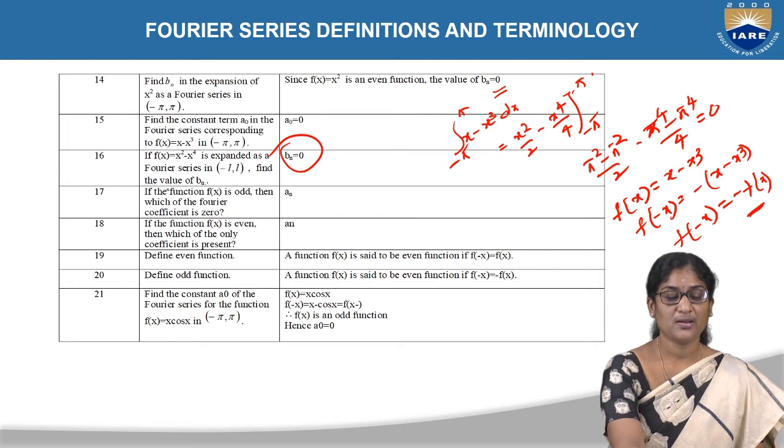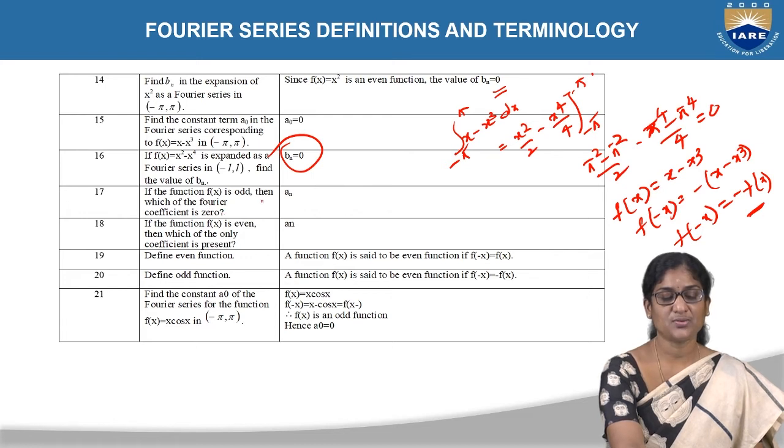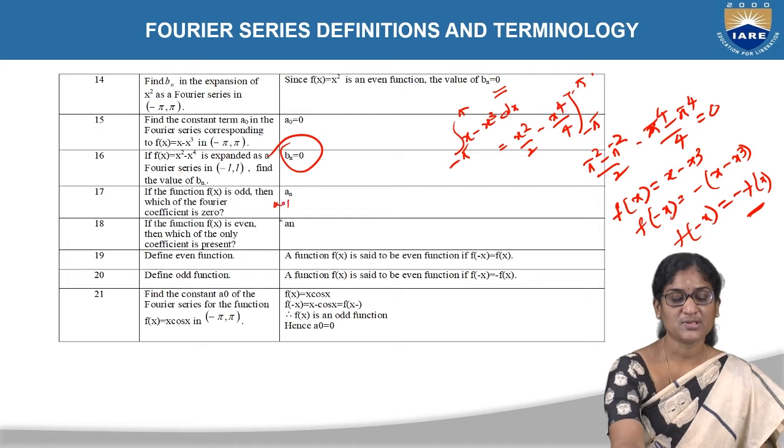Next, if the function f of x is an odd function, then which of the Fourier coefficients is 0? A naught and a n will be equal to 0s, right?